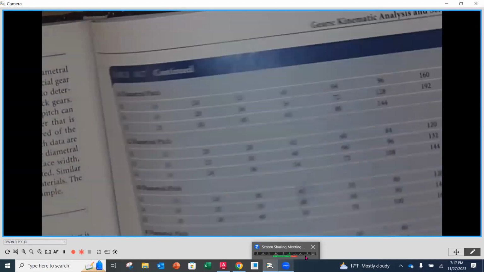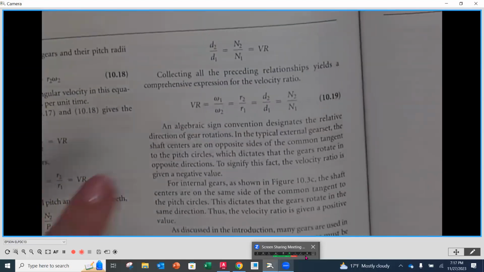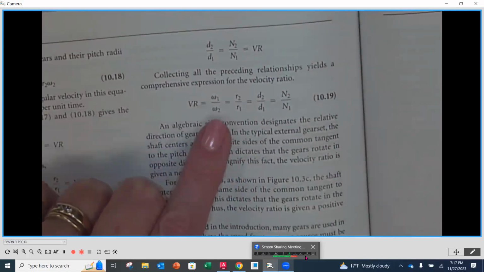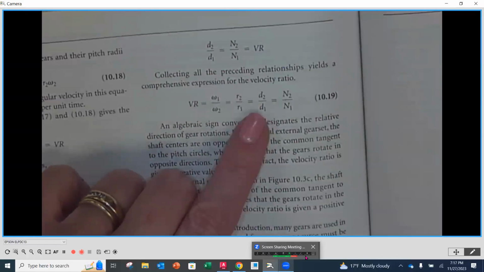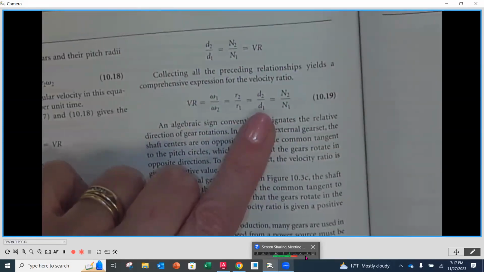On page 274, we have the options for calculating velocity ratio, knowing the rotational speeds, but also the radiuses and the diameters. That's why I'm going to calculate the diameters each time, because we also need the center distances.